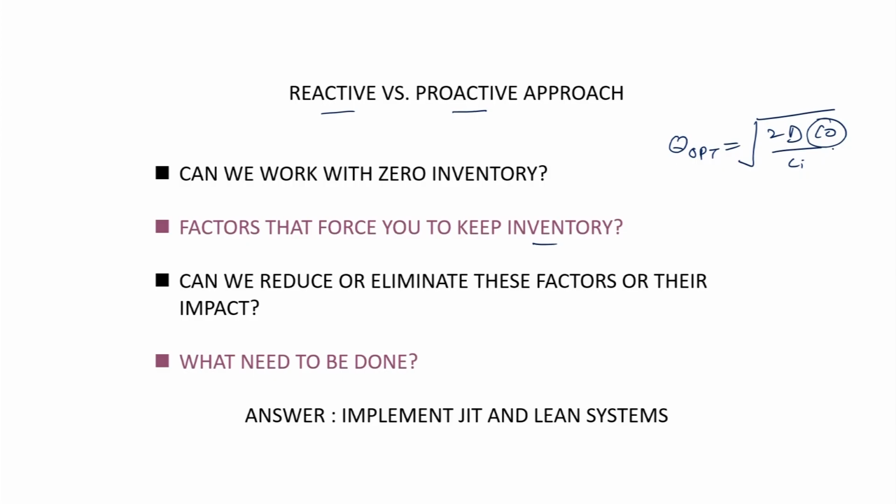If I am able to reduce this ordering cost, like in most of the numericals we were considering 300 rupees as ordering cost. If I am able to reduce this 300 to 25, you will find your economic order quantity reduced drastically, and if you are able to reduce this from 25 to 5 only, you will find that it is drastically reduced. What are the companies doing in this regard?